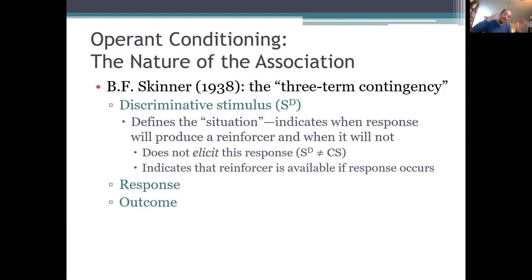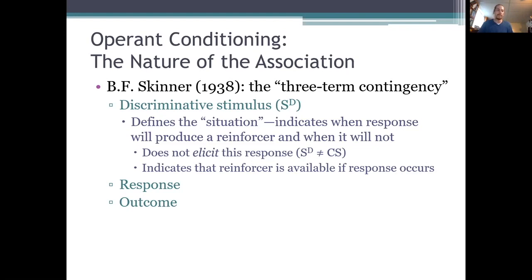It allows you to distinguish between situations where a behavior will produce a certain consequence and situations where it won't. That's why we call it a discriminative stimulus, because it's a stimulus that you use to tell the difference, to discriminate between times where a behavior will get reinforced or punished and times where it won't.